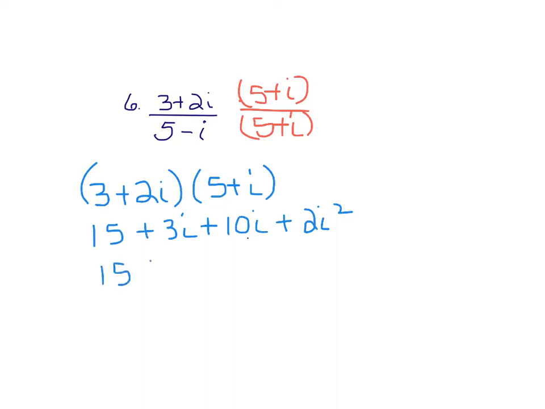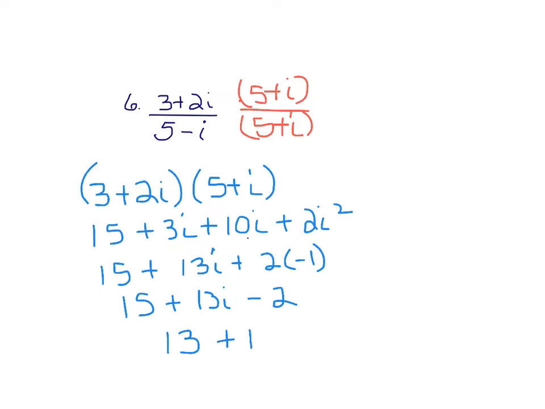So 15 plus 13i right there, plus 2 times negative 1. So 15 plus 13i minus 2. Group the 15 and the negative 2, and I get 13 plus 13i. That's just the top. I now need to FOIL the denominator.